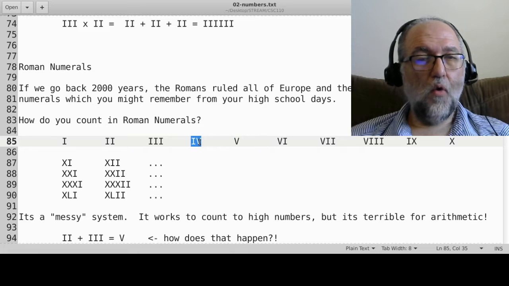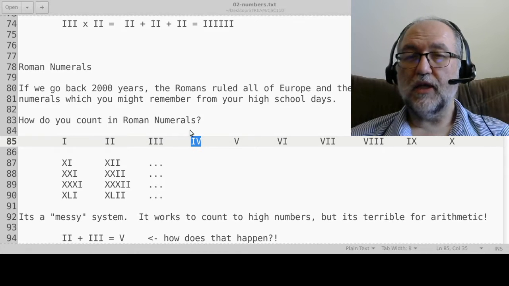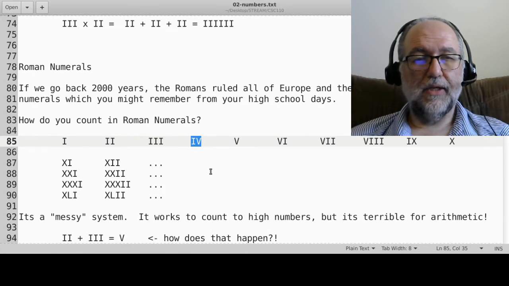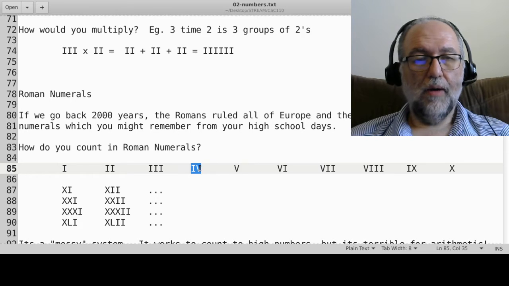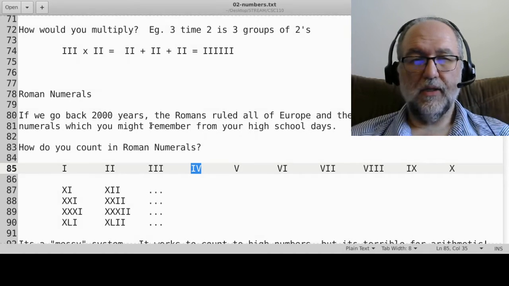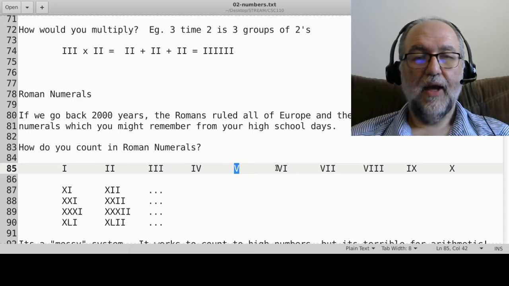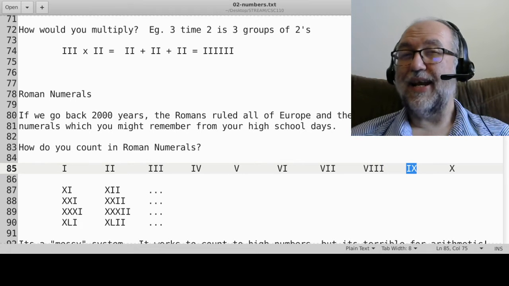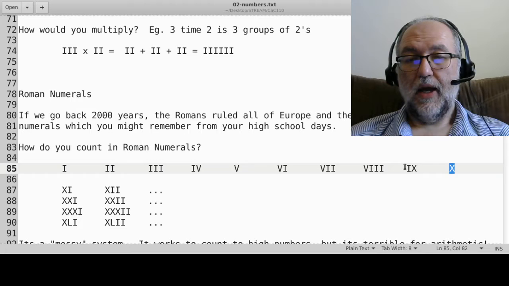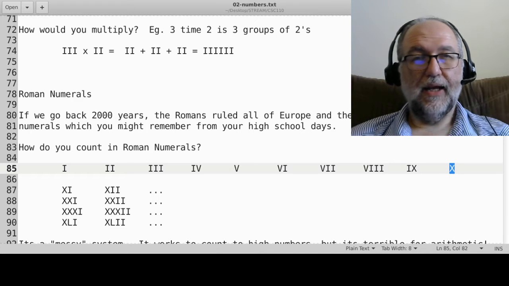And now 4, you could do maybe as 4 sticks, but there's another way to do it. And that is you say 1 before 5. Okay, and so the way the Romans thought about this is like 1, 2, 3, 1 before 5, 5. And then 6 was 1 after 5, 2 after 5 was 7, 3 after 5 was 8, 1 before 10, X is 10 right here, and 1 before 10 is 9, and then 10 like that.